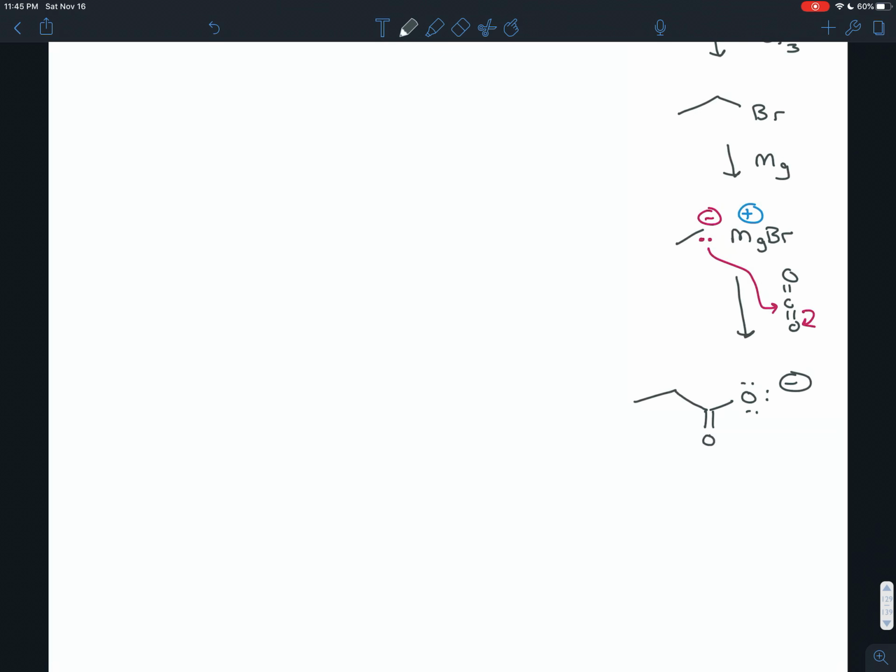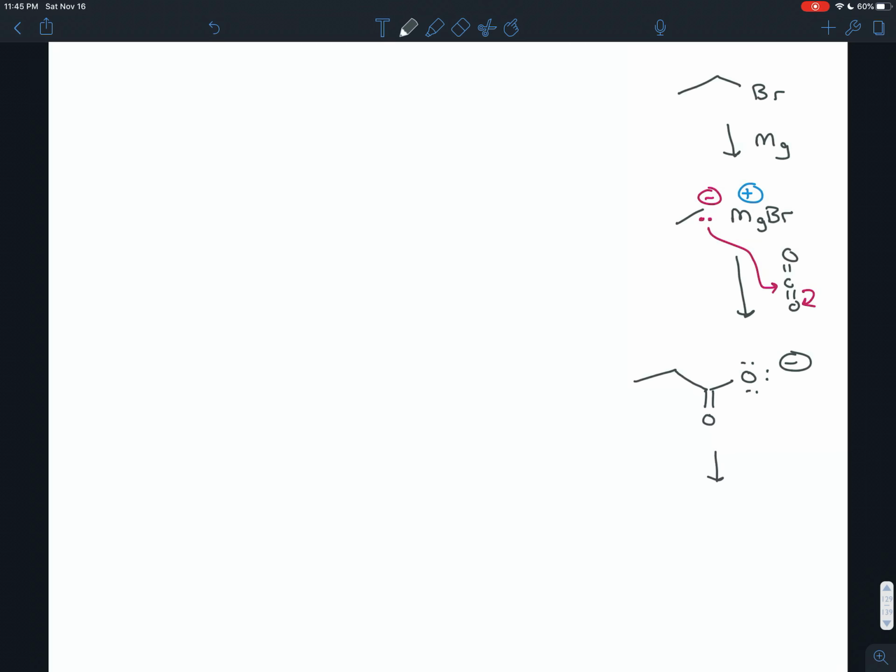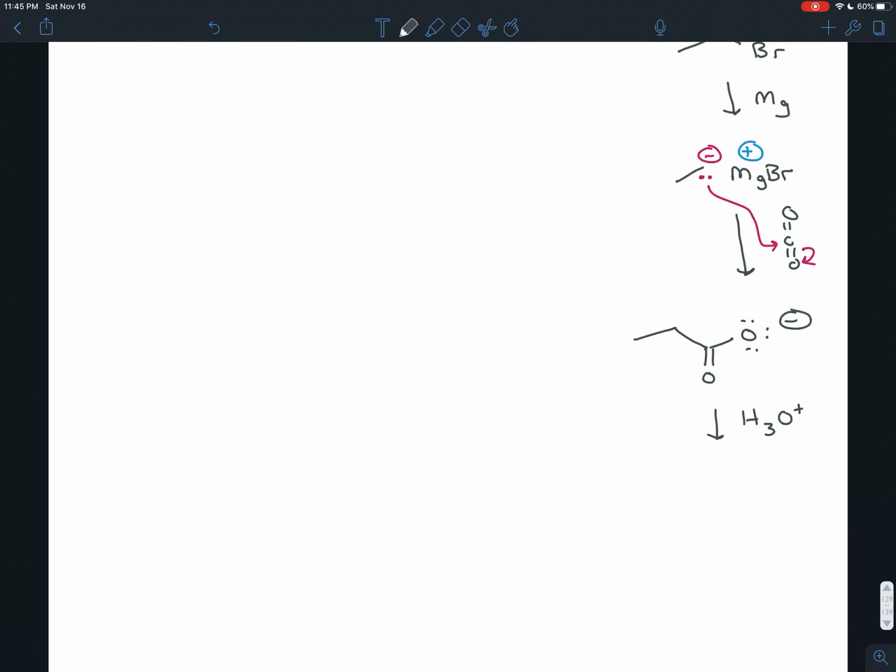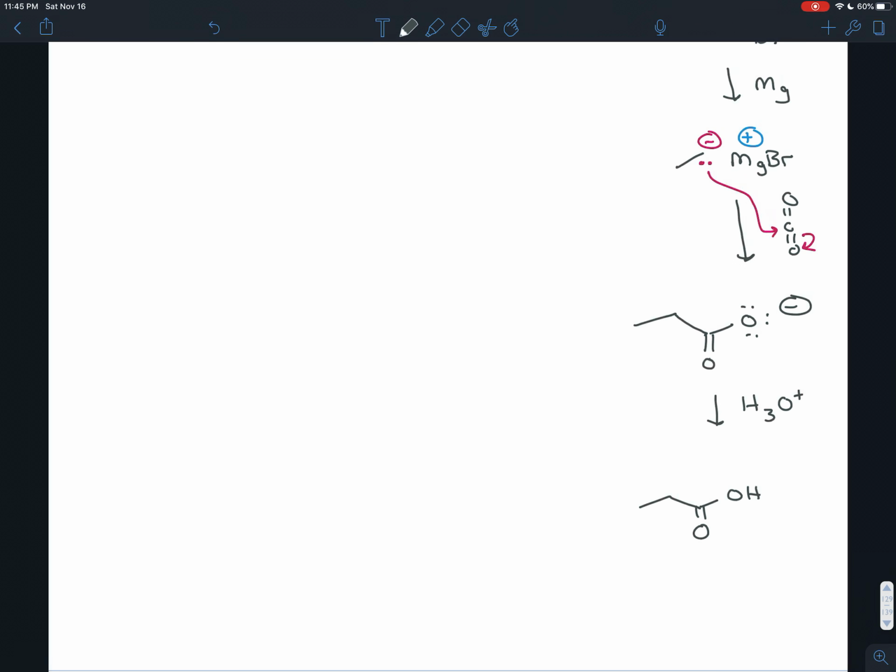So a carboxylate, and we can stabilize that by using some water or some acid just to do a proton transfer. That gives us a carboxylic acid with 3 carbons in it.